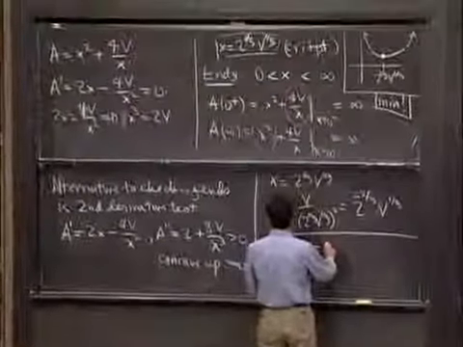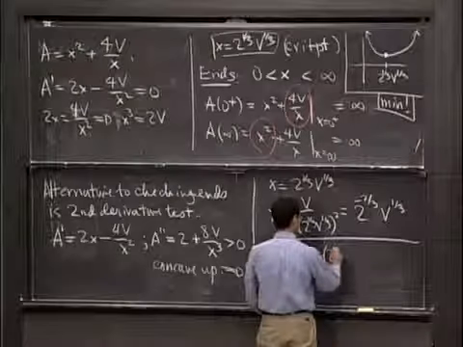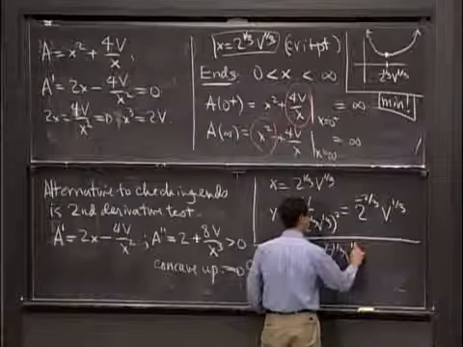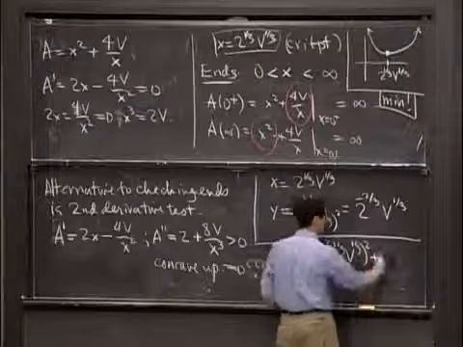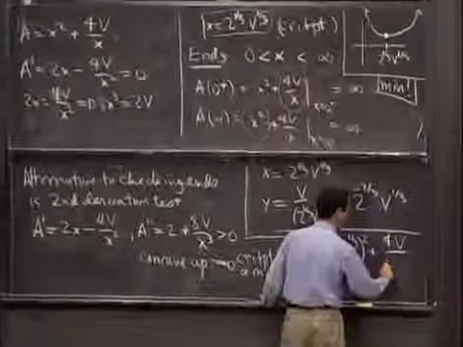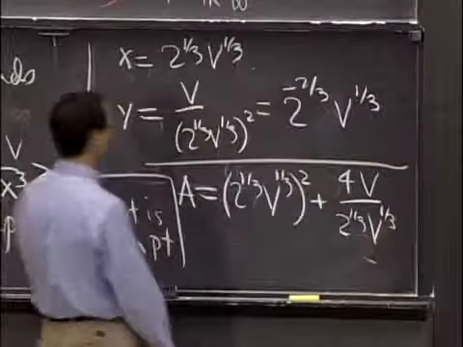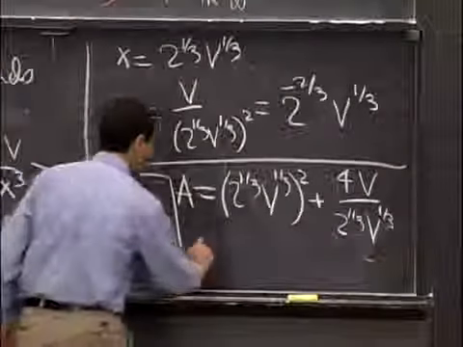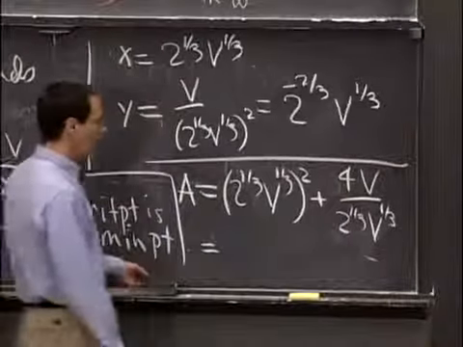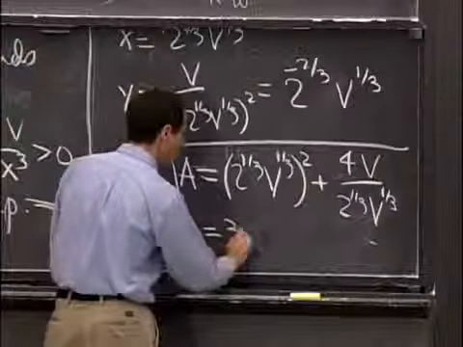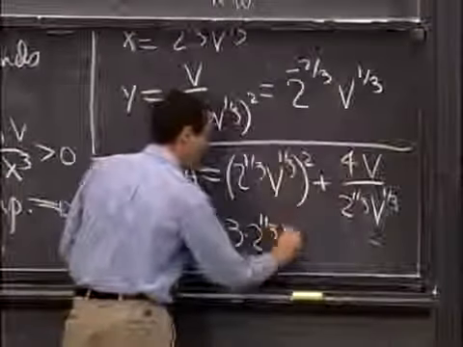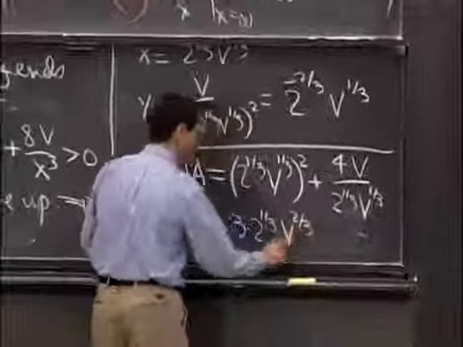So that's going to be 2 to the 1/3 v to the 1/3 squared plus 4v divided by 2 to the 1/3 v to the 1/3. All right? And if you work that all out, what you get turns out to be 3 times 2 to the 1/3 v to the 2/3.